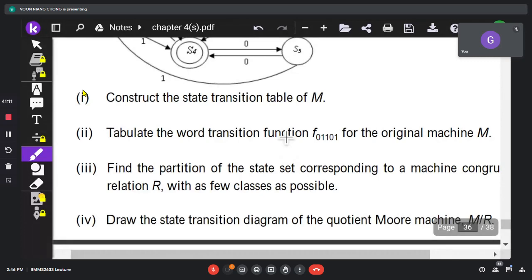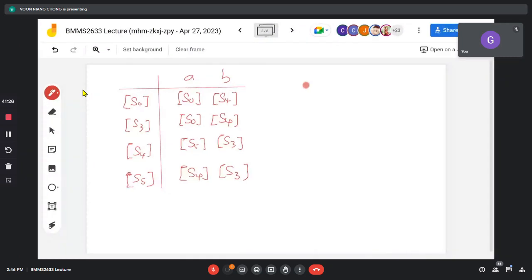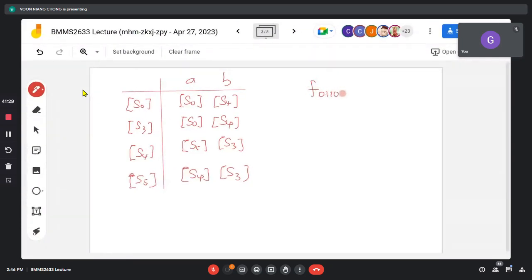What is the answer for this one? Tabulate the word transition function, part 2. What is the answer? F 0, 1, 1, 0, 1. Can you give me the answer? What is the answer for S0, S1, S2, S3, S4, S5?